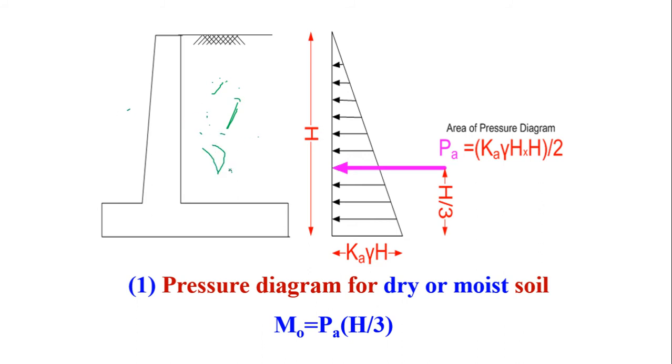The unit weight is gamma D. If we have dry or moist soil, sometimes we have moist, the saturated water level is absent in this case. So if water is not there, only the soil is there with some gamma D or gamma, then what will be the pressure distribution diagram? Yes, the pressure distribution diagram is triangular in shape.